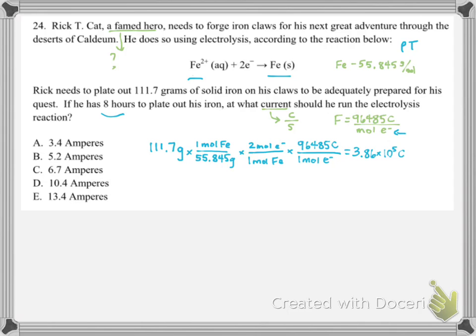Okay, so now for figuring out the current, we have half of the problem. We have the coulombs, and now we just need to get the 8 hours into seconds. And so we start with what we're given, which is the 8 hours.